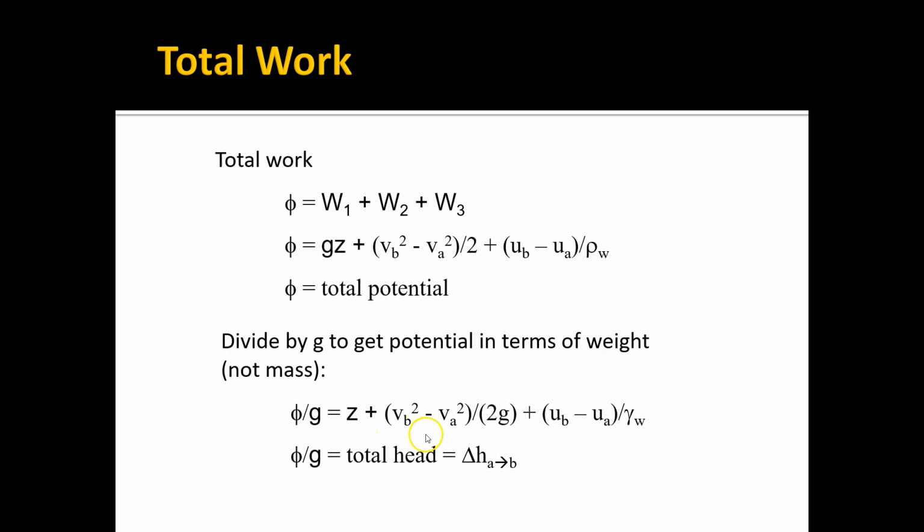VB squared minus VA squared over 2g, that resolves to length units, and then pressure divided by unit weight, that also resolves to length units. And so we call this potential divided by gravity, which has units of length, the total head, and it represents the change in head moving a unit mass from A to B.